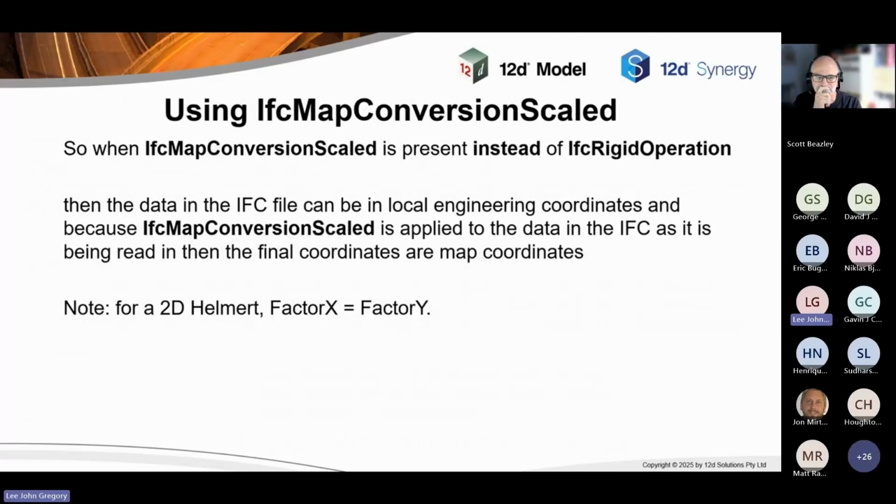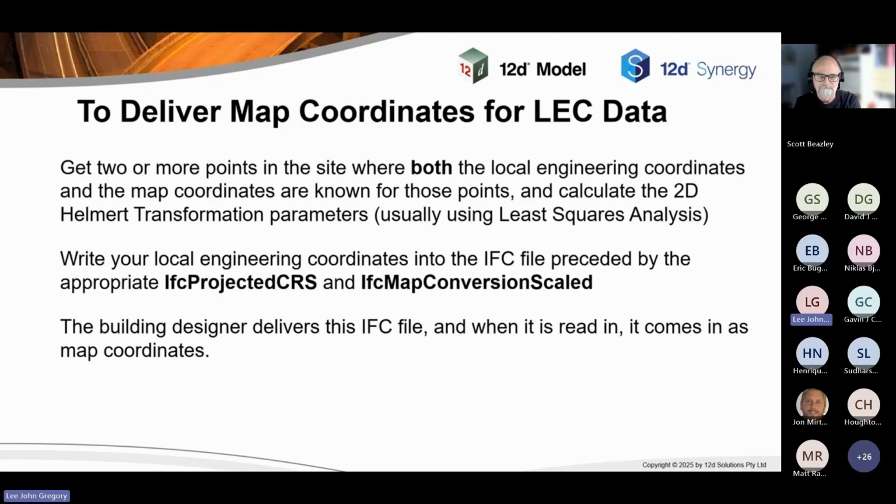So if you've got a map conversion scale in there instead of your rigid operation, then you're saying the data in the files is in local engineering coordinates, and that map conversion scale will bring it into map coordinates as we read it in. So if you've got a local engineering coordinate system, all you have to get, say, is a number of points in both coordinate systems and work out those parameters.